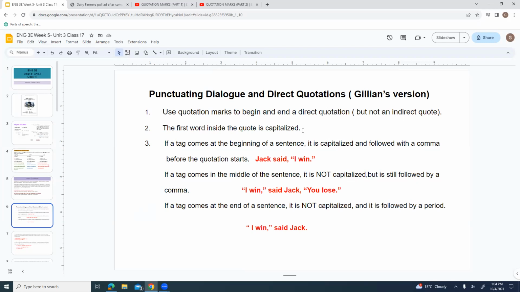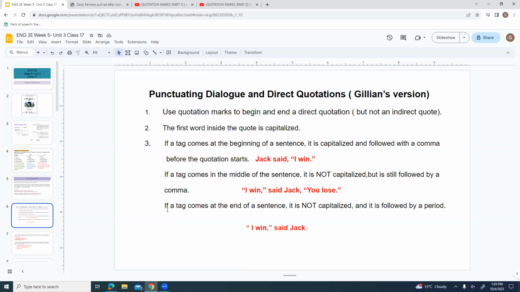The first word inside the quote is capitalized because it's the beginning of that person's sentence. If a tag comes at the beginning of a sentence, it is capitalized and followed with a comma before the quotation starts. For example, Jack said, "I win." If a tag comes in the middle of the sentence, it is not capitalized, but it is still followed by a comma. "I win," said Jack. "You lose."